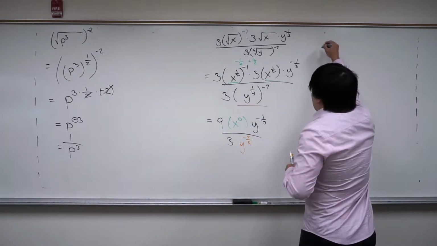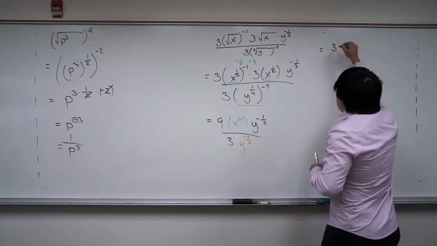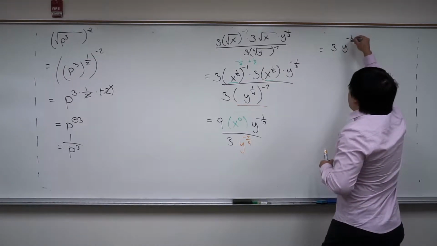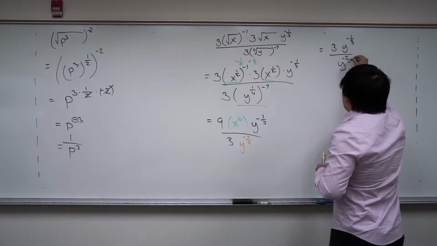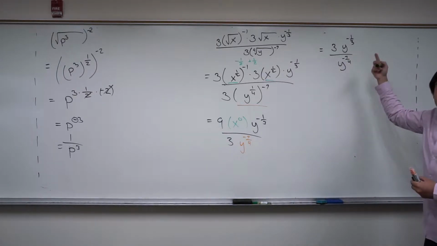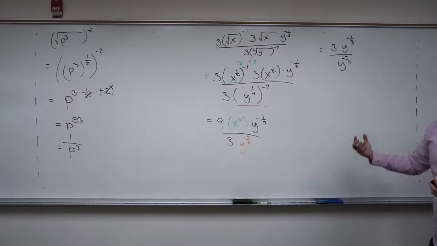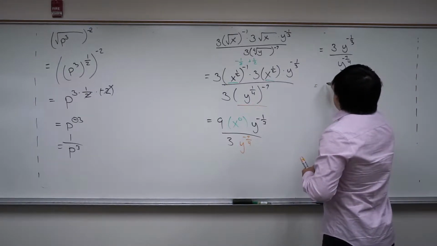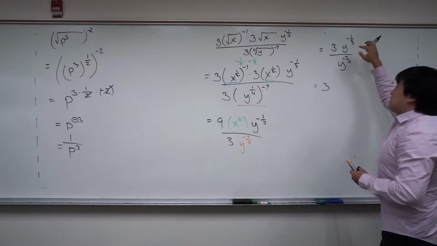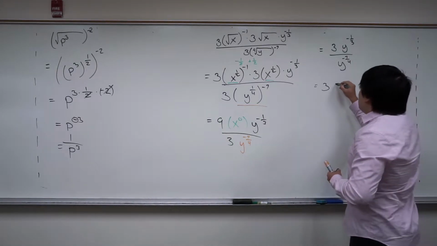So what we get is 3 y to the -1/3 and y to the -7 over 4. So we have division, and division is calculated by taking the top exponent and subtracting the bottom.